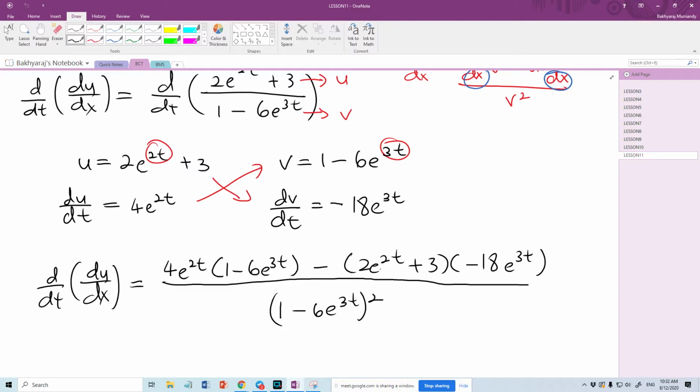Okay, macam mana? Kita kena expand lah. Okay, we need to expand. This times this, this times this. So here negative negative positive. Okay, ni kali ni, kali ni.